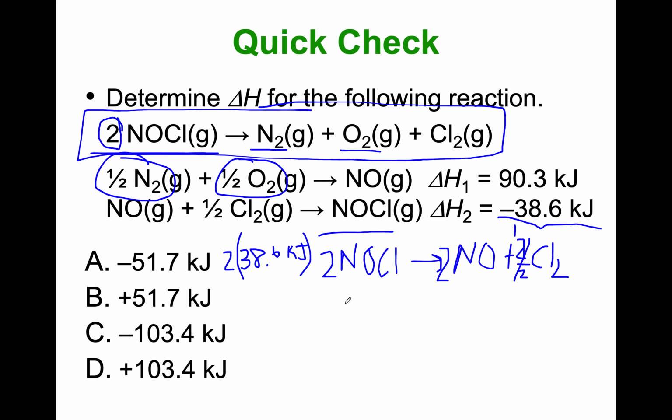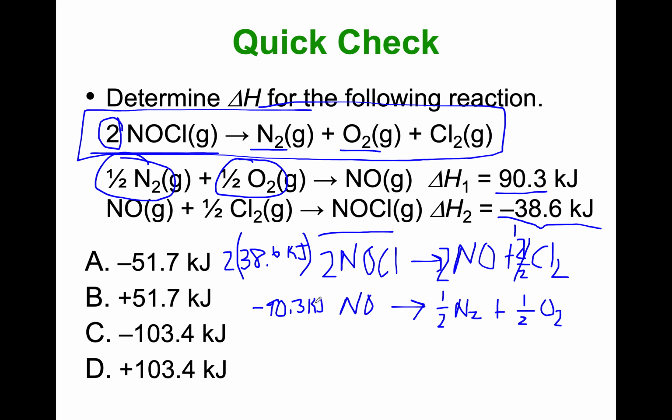If I flip that one, then I go NO, and that's half nitrogen and half oxygen. And you'll see these fractions in chapter 9, and I'll show you even more reason why that's the case later. So we flipped it, so that then changes this to negative. So we're keeping track of the chemical equation and the delta H value.